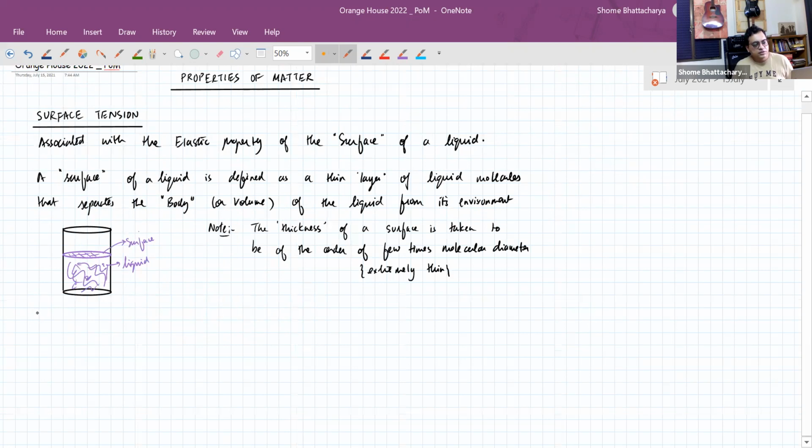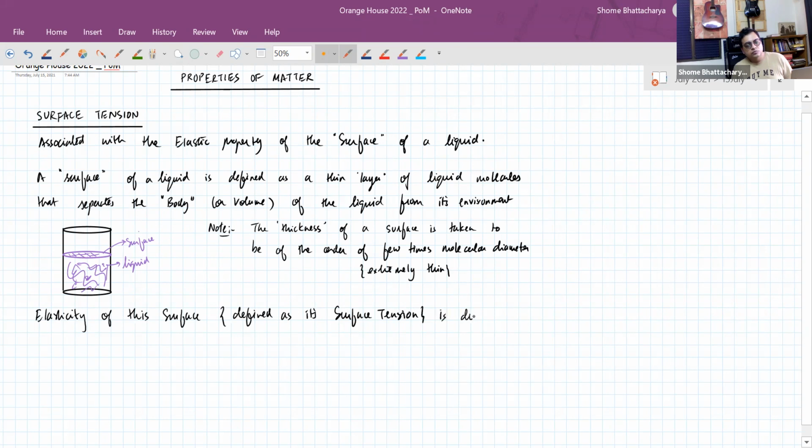Now, the elasticity of its surface, which is defined as its surface tension, is due to the interaction between surface molecules.